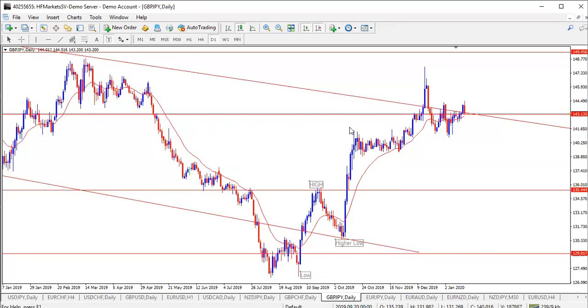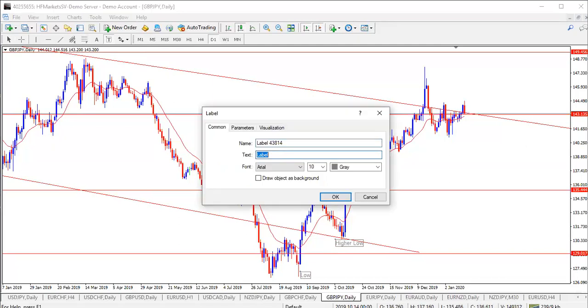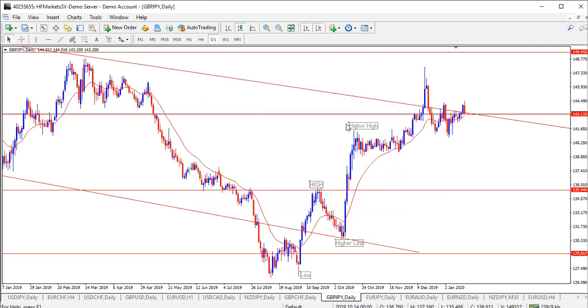We call it a higher high. So this is how markets move. And for you to have it go on and on, the market is going to create a higher low, then a higher high.